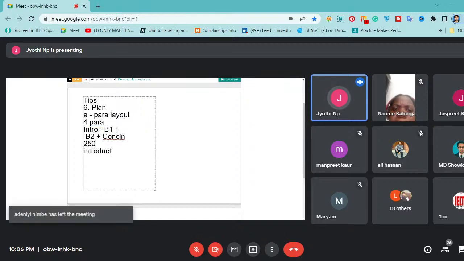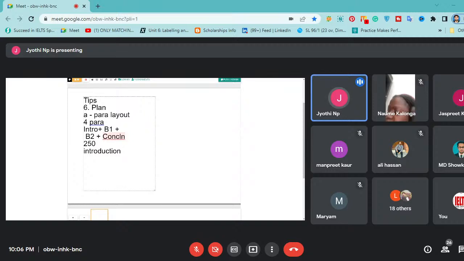I'm just giving you a theory briefly, and tomorrow I'll continue with writing, and we will take in detail how to develop the paragraphs from theoretically to logically.